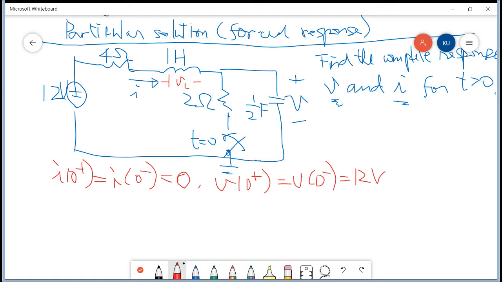For an inductor, VL(0+) is equal to L dI(0+)/dt.